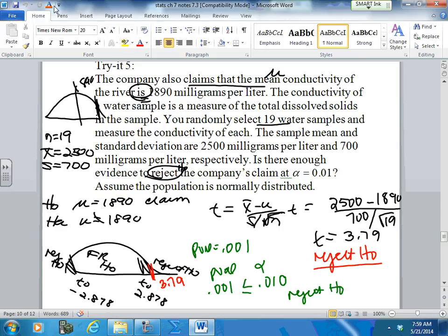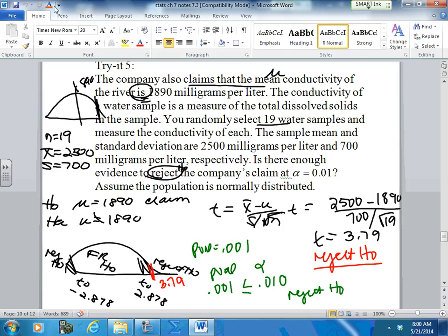Your calculator's nice because it gives you your p-val. Yes, you gotta know how to do both. How do you do the p-val again? You gotta put it in your calculator. Go to stat, test. Second one down, t-test. That's the one thing you have to use your calculator for. Put your information in. Your mu is this guy, 1890. Your x-bar, 2500. Standard deviation, n, and then follow the tail. Two-tail, not equal, calculate.